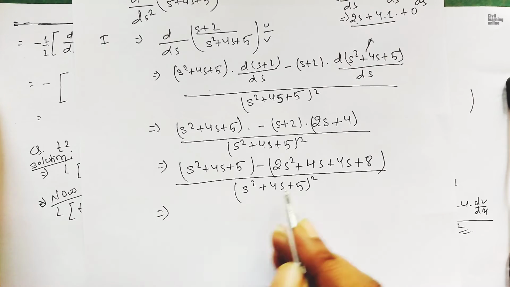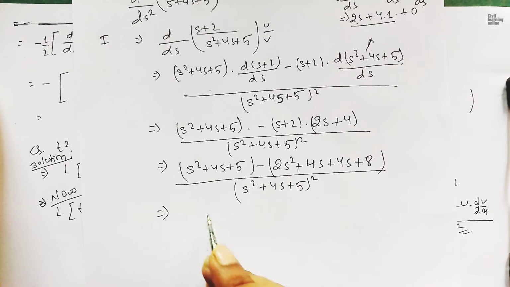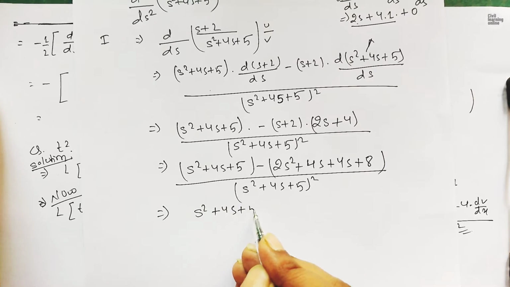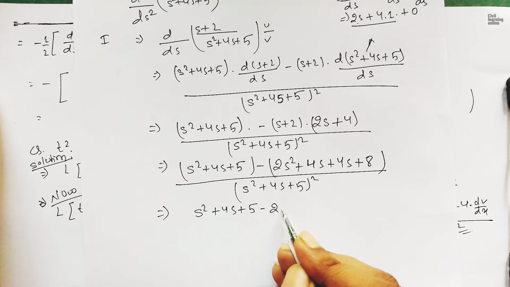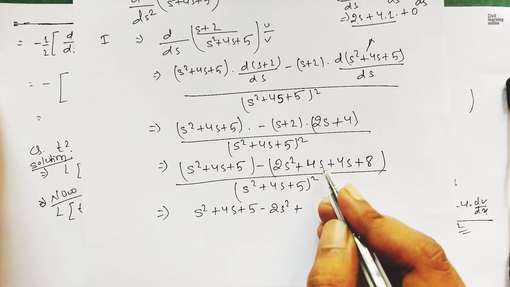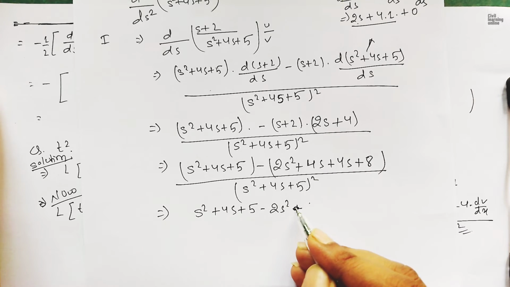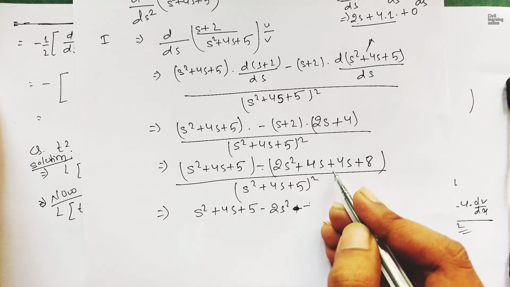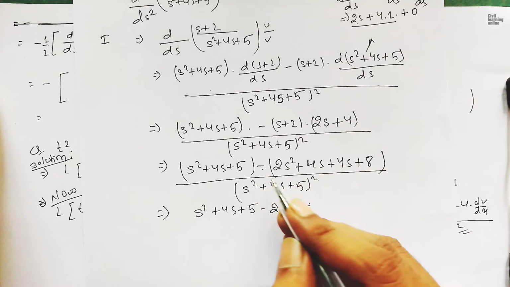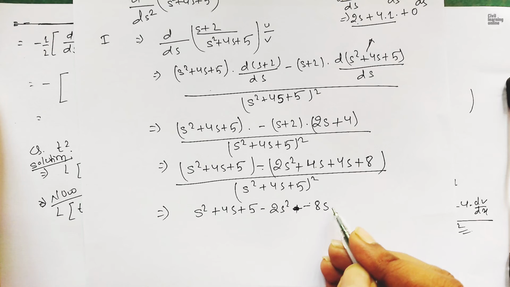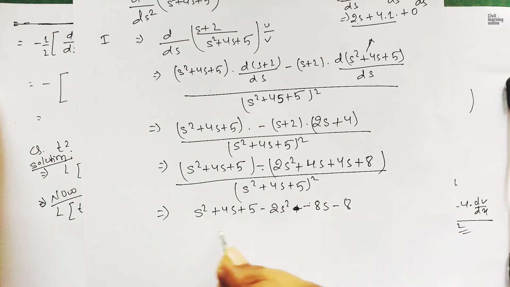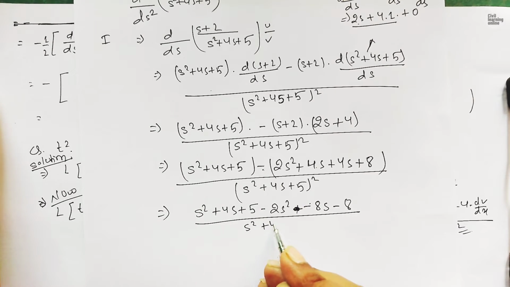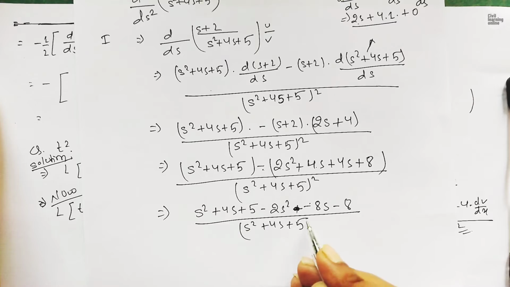Now we need to solve this: s square plus 4s plus 5 minus 2s square, sorry, it will get minus on multiplication with the minus sign. 4s plus 4s means 8s, and with the minus it becomes minus 8s and minus 8, upon (s square plus 4s plus 5) whole square.